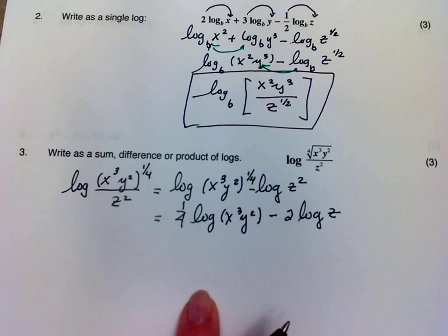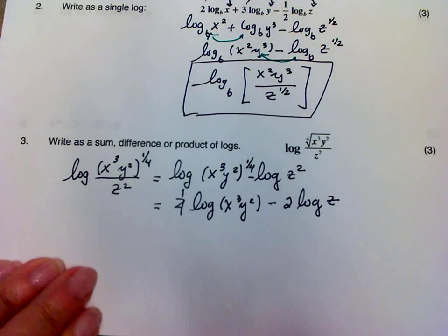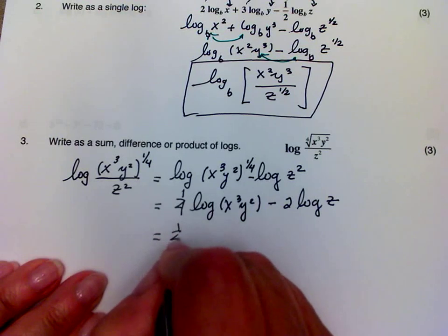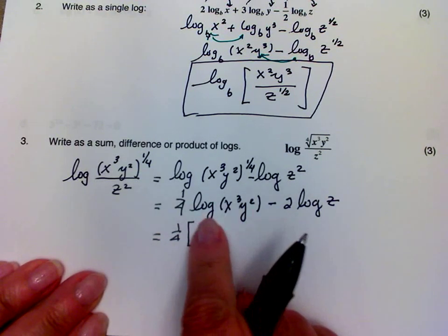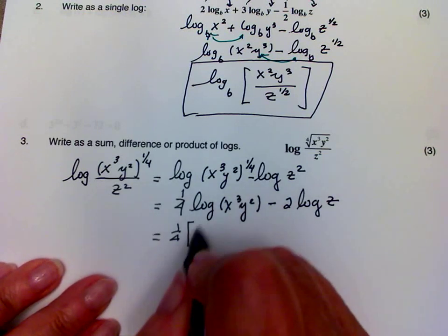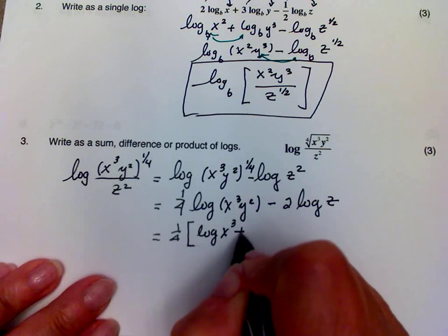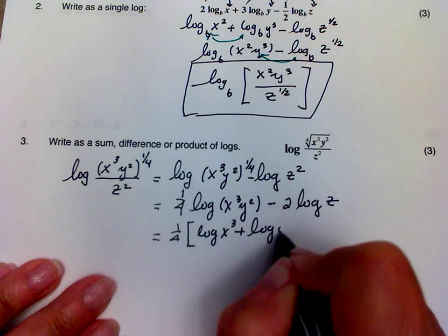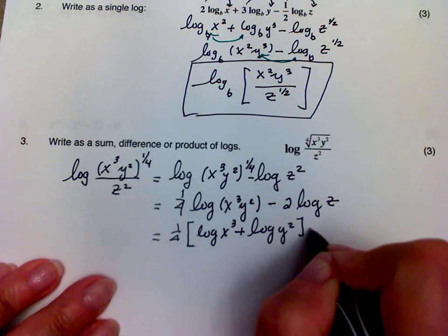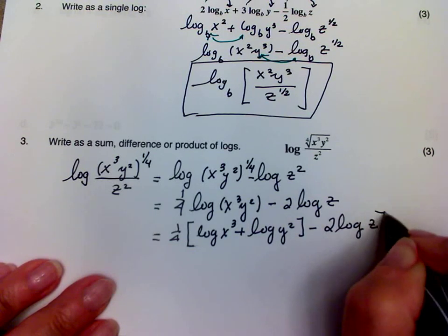We're not done because we have an x cubed y squared. So now this is 1/4 times, this is going to get broken apart into 2 pieces. This is going to be the log of x cubed plus the log of y squared, minus 2 log of z.